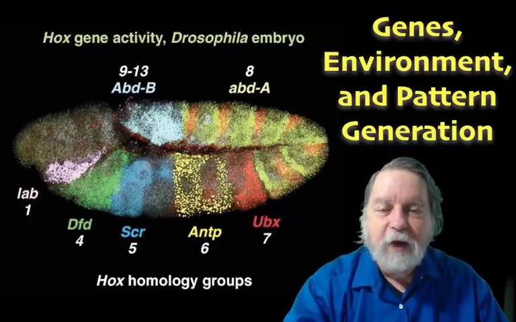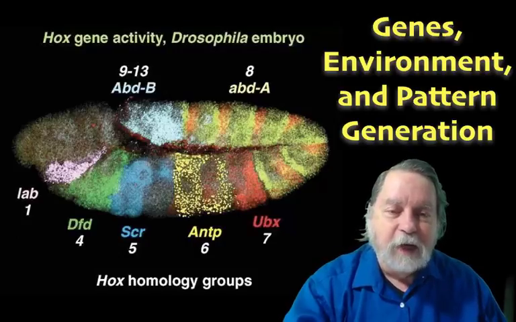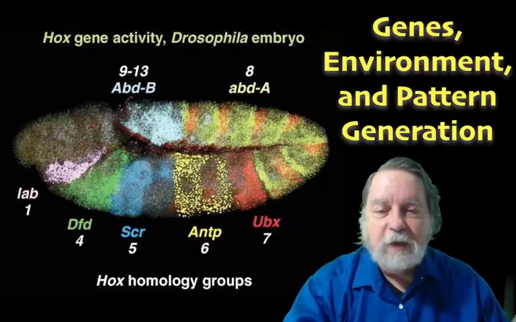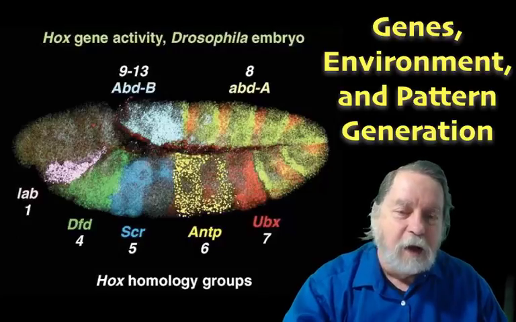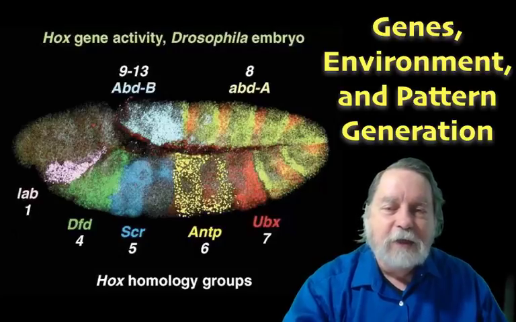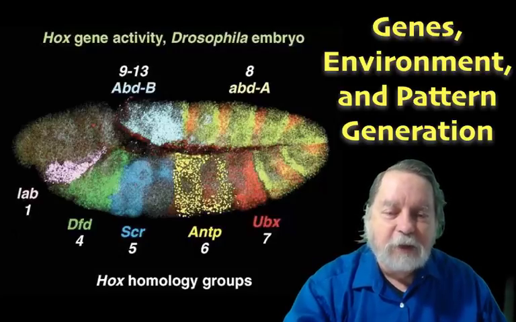For instance, that red region is where ultrabithorax is expressed. And you can see that there's an array of these, a sequence of them from labial at the very front in segment number 1, all the way back and around and into the very tip of the tail where we find abdominal B expressed.